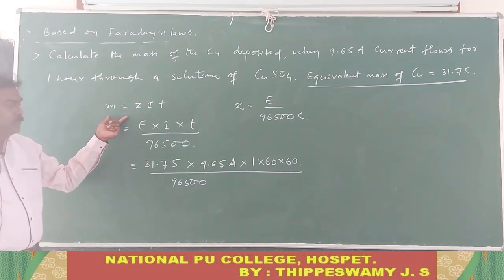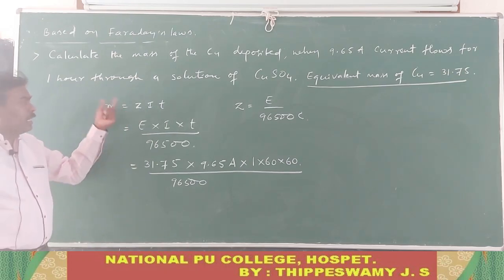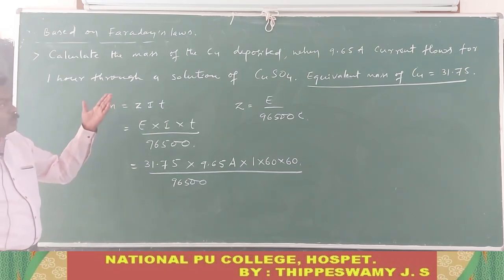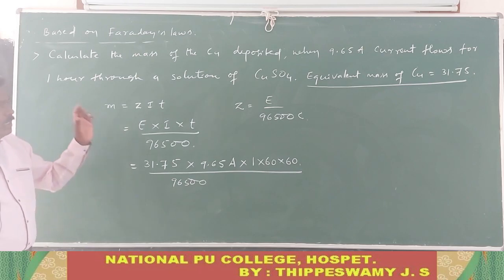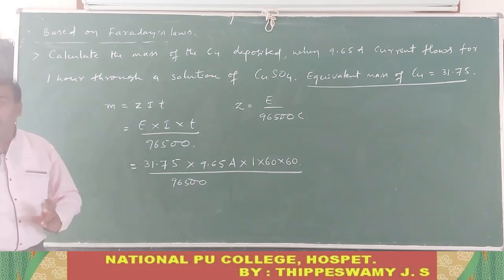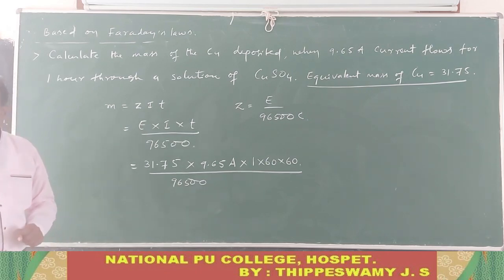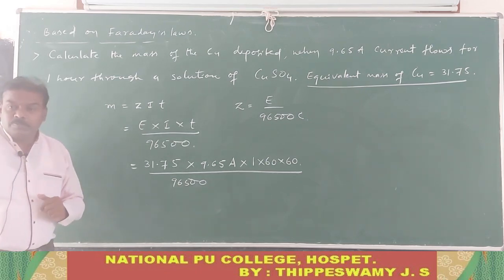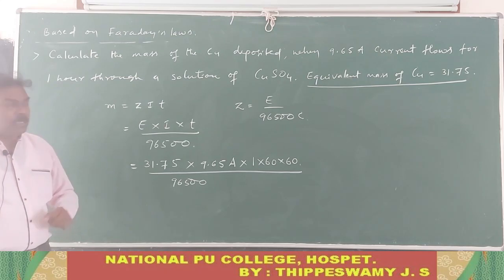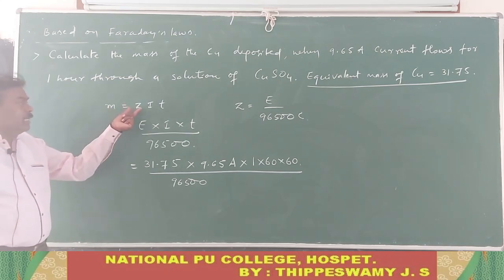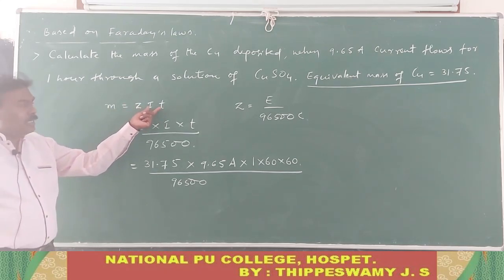To calculate the mass of the substance deposited at the electrode by passing so much electric current for so much time, we use M is equal to Z into I into T, where M is the mass deposited, Z the electrochemical equivalent, I the current strength, and t the time in seconds.